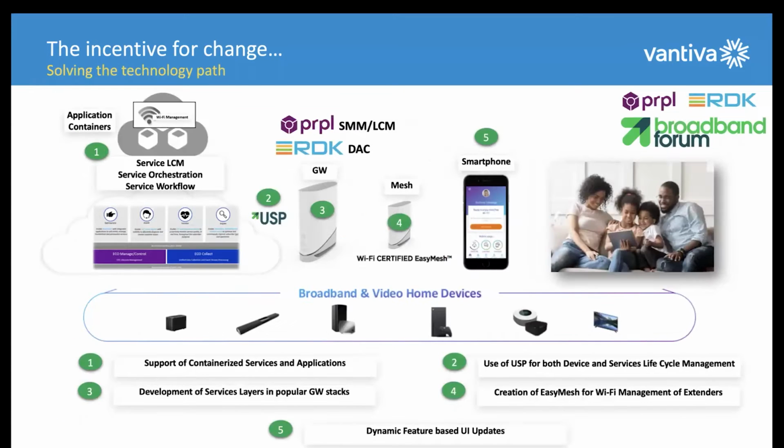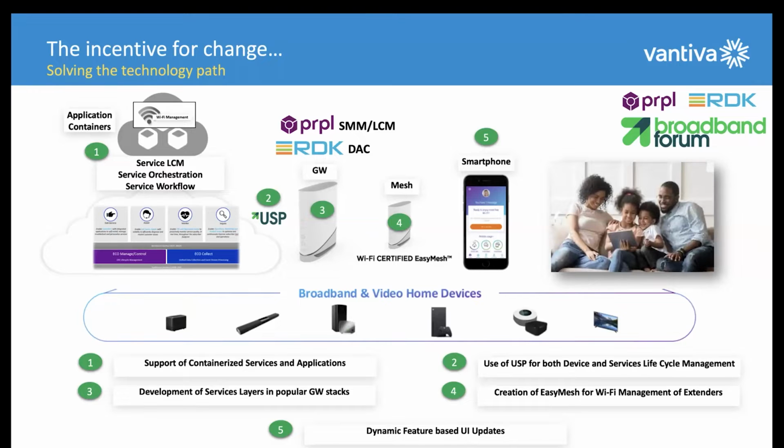So how are we getting past this? What are the points that we're looking at to make this an easier path? Well, first, we're bringing containerized services and applications into your remote management solution. This gives you the ability to have that remote management solution download new solutions down to the device without necessarily having to update itself.